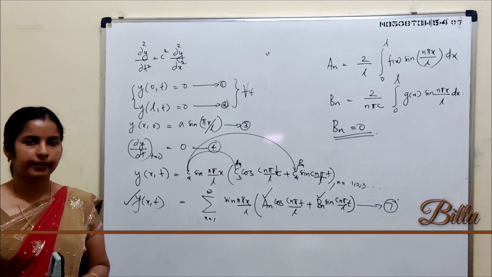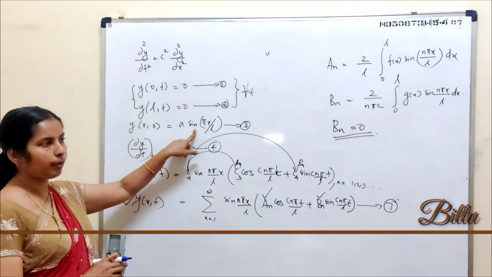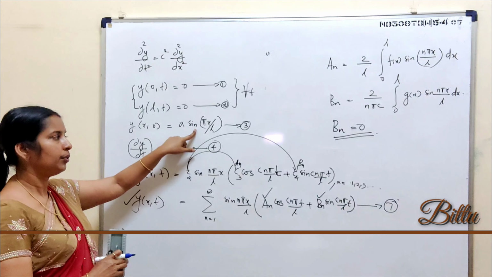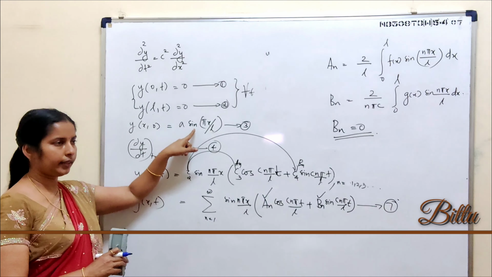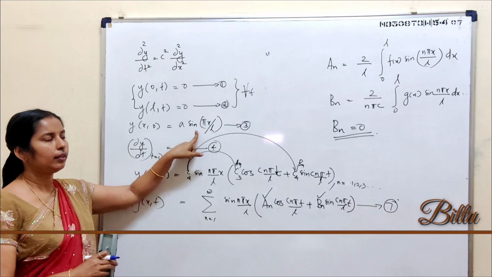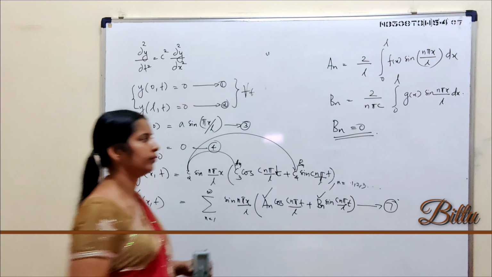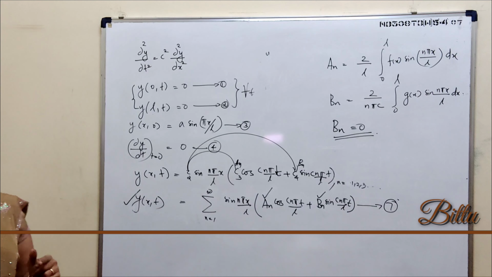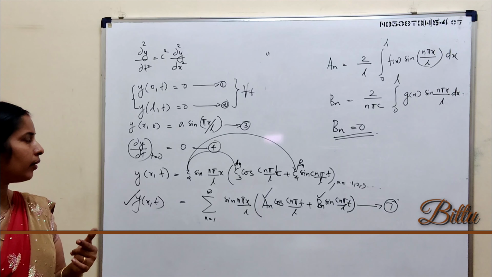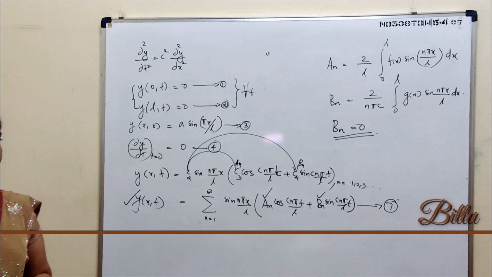Again, one thing you have to notice: if f(x) is in terms of trigonometric functions, usually in terms of sine, you don't need to apply this equation. If you apply this equation, you can find it, but there is another way in which you can find An very easily.